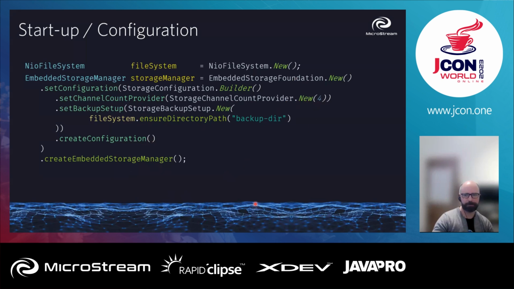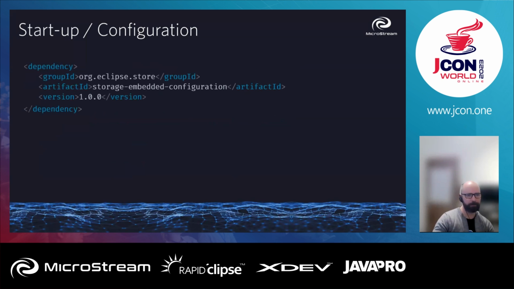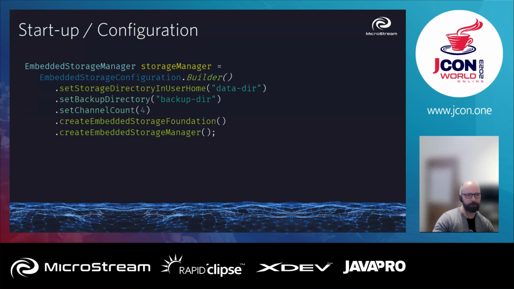And this seems like a bit of an overkill to just set two properties, and therefore we have a more higher level configuration, which lives in this artifact. And it's property based.